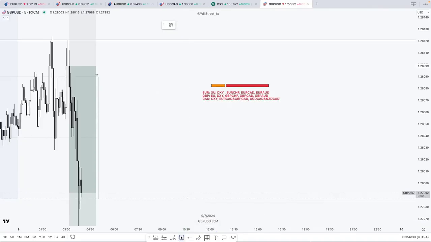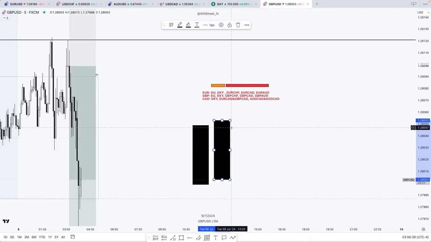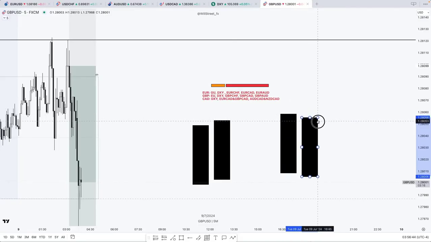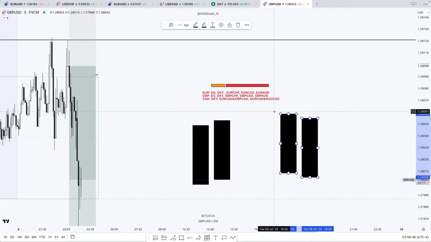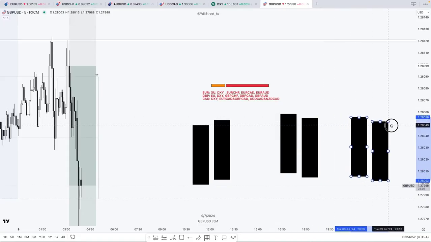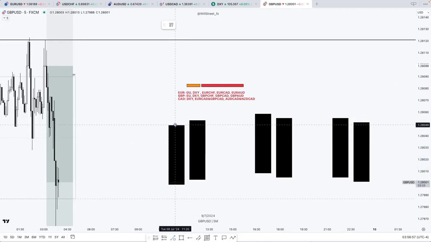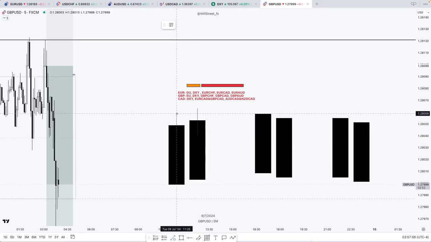So in this the second example I told you, where we have 3 pairs at the same time. Imagine CAD, this is USDCAD. It can make a higher high. Sorry, it makes a higher high. So this is a turtle soup.